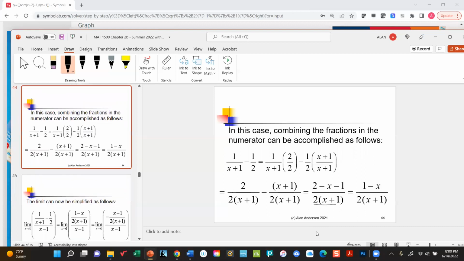So the denominator stays here. We've got 2. Now this minus applies to both x and the 1. So we've got 2 minus x minus 1, which reduces to 1 minus x over 2 times x plus 1. That's the numerator. Okay, now the denominator was originally x minus 1.